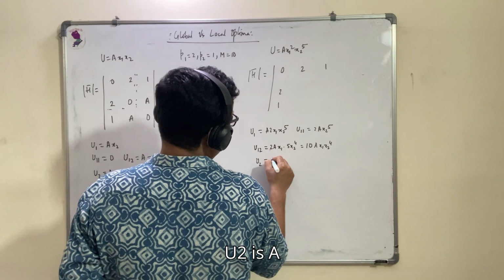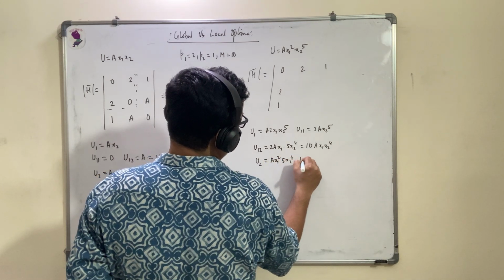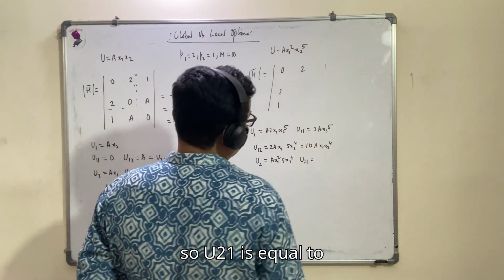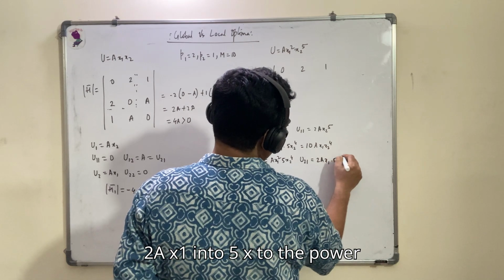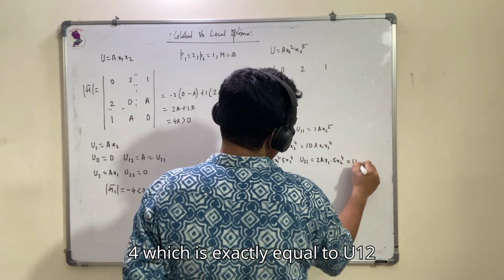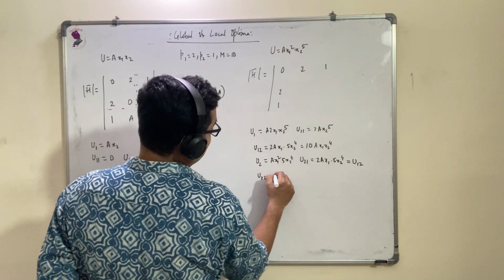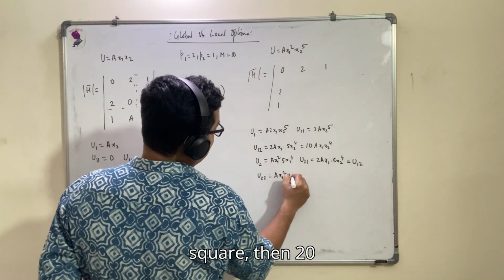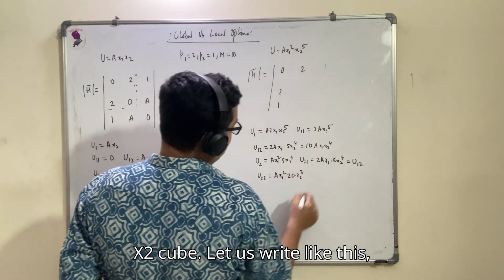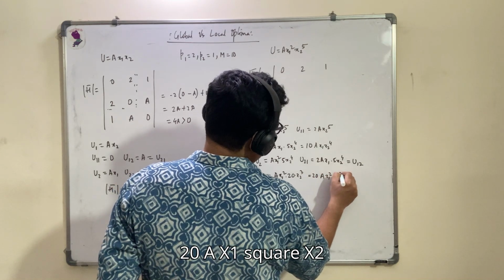U2 is A x1 squared 5 x2 to the power 4. So U21 is equal to 2A x1 into 5 x2 to the power 4, which is exactly equal to U12. So we are correct. U22 is A x1 squared, then 20 x2 cubed, so let us write like this: 20A x1 squared x2 cubed.